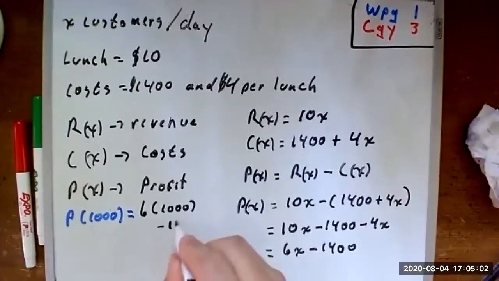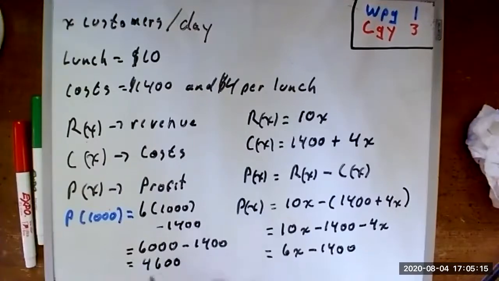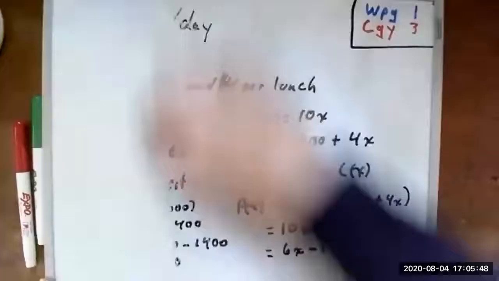And when I do that, I can say I want 6 times 1,000 minus 1,400, which is to say I want 6,000 minus 1,400 for a simple 4,600. Any questions on that? Okay.